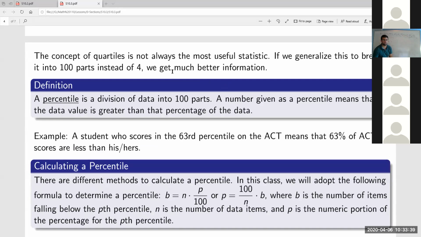All right. So let's continue on. So this idea of breaking a data set up into different pieces is very helpful, but quartiles are not always the most helpful.